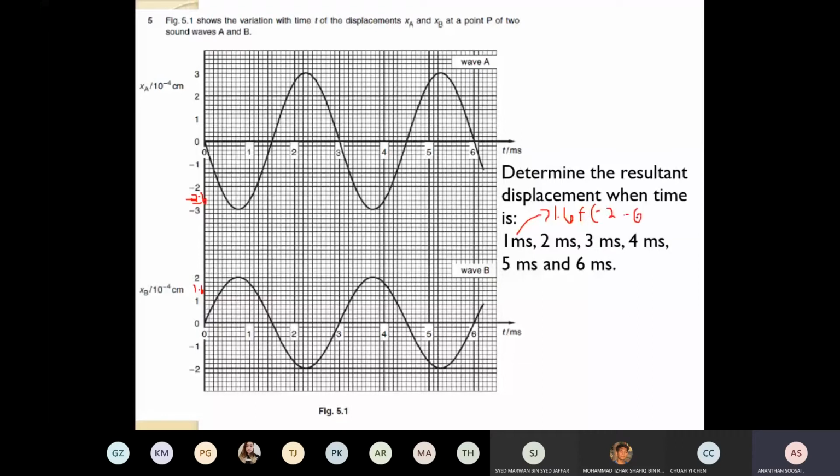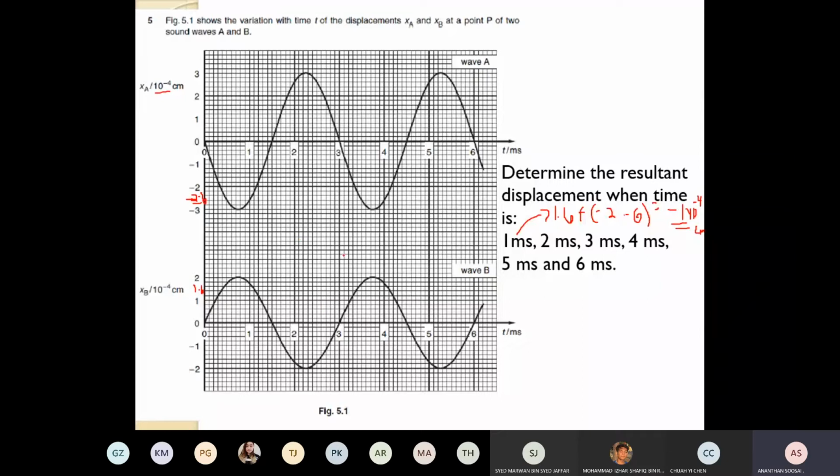So the resultant displacement will be negative 1 times 10 to the power of negative 4, because the power is negative 4 here, centimeter. So this is your resultant displacement.